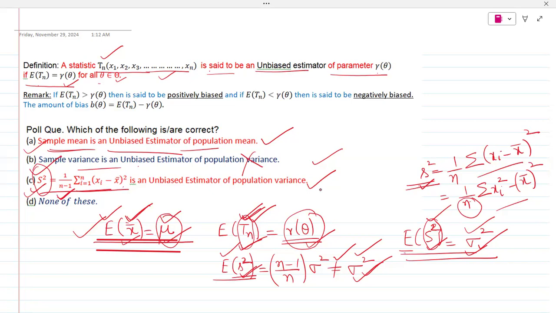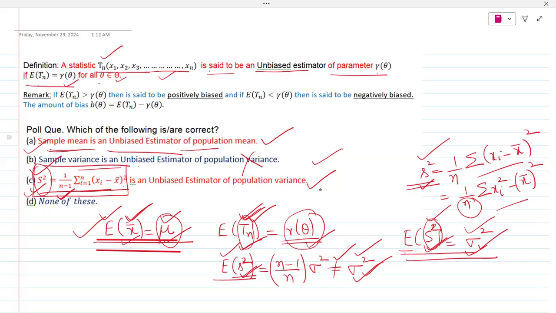We will make a distinction between this small case S square and capital case S square, but most of the foreign authors, meaning outside India, don't make any such distinction. They define this capital S square as sample variance.